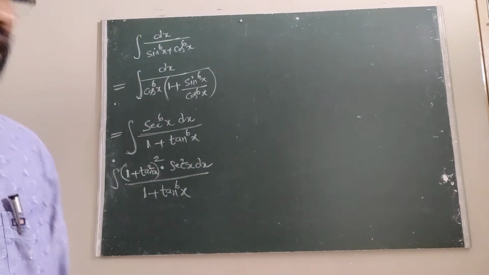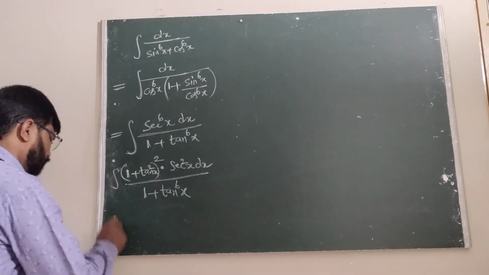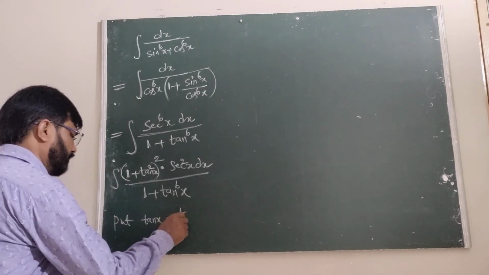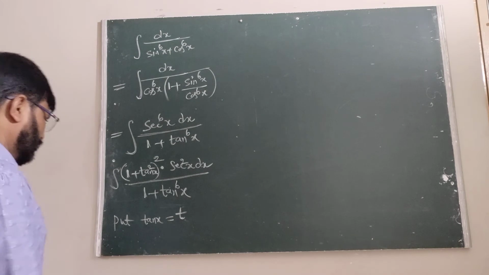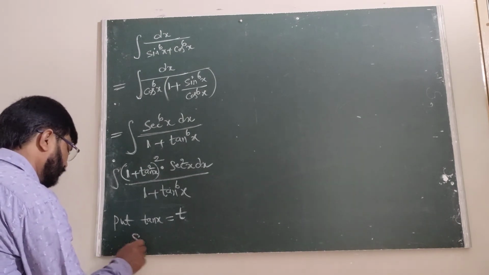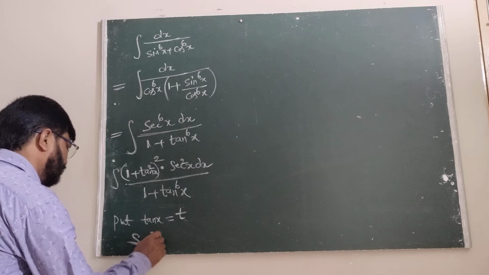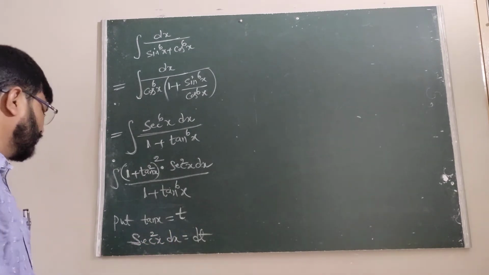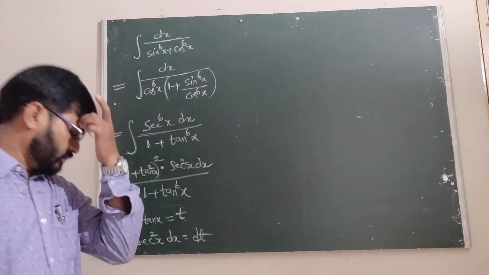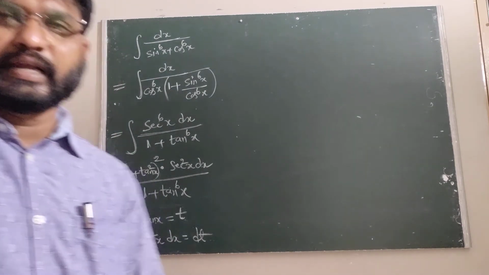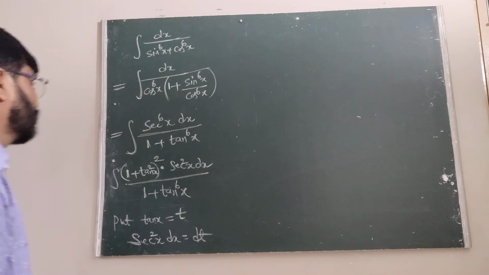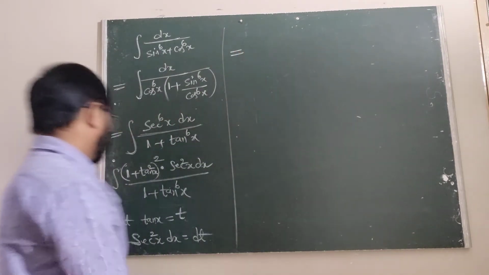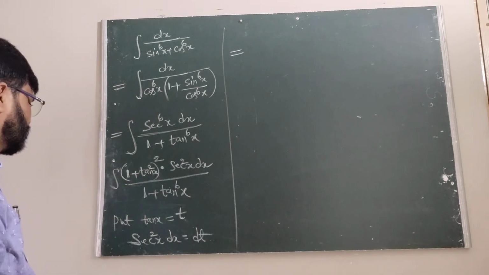Therefore, now we put tan x equal to t. Therefore, the derivative of tan x is secant square x, into dx equal to dt. Therefore, now we can write 1 plus tan x, where tan x is t.